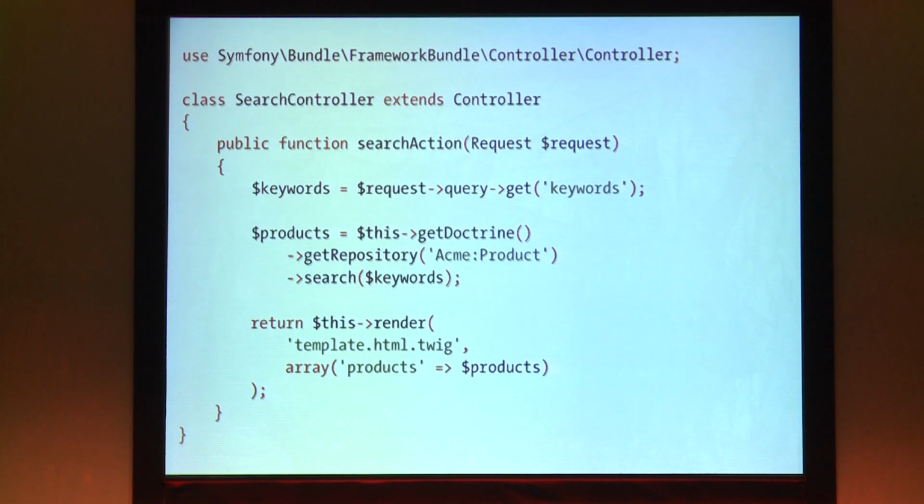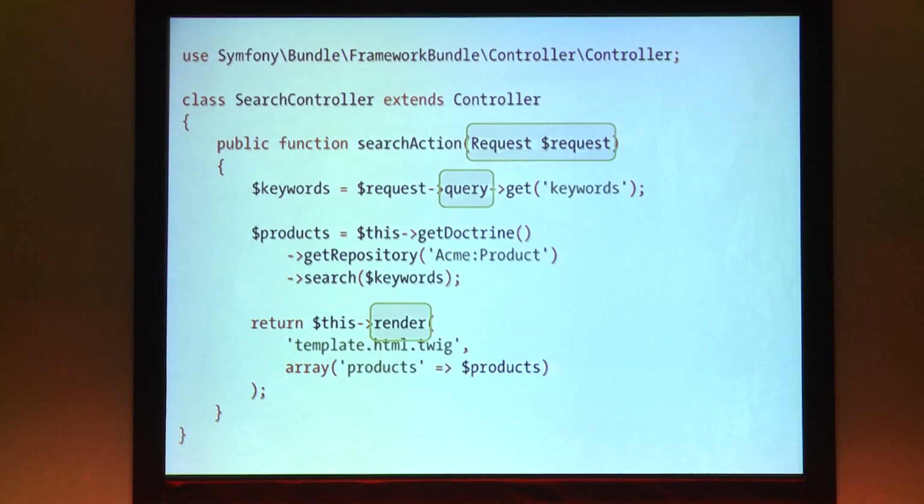If you could count dependencies in this controller. Got request. On request, we've got a parameter bag, like query. We've got a render method, which is actually a dependency on the templating engine from Symfony.